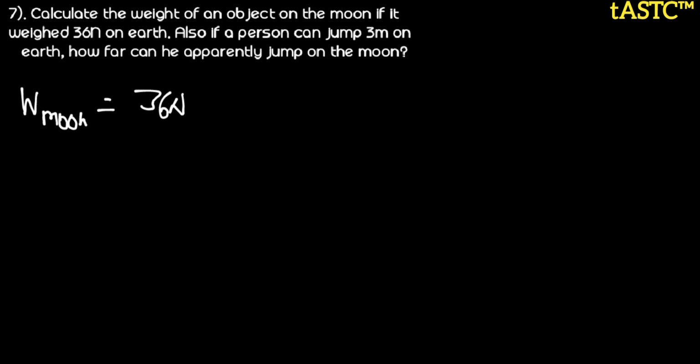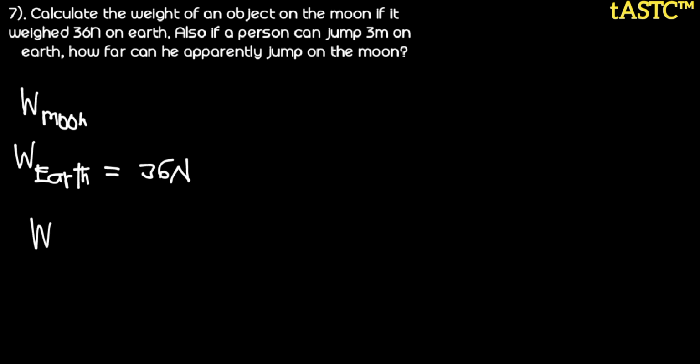Then we need to find what the weight, well, this is actually the weight on the Earth. So I'm going to take this out and I will write the other one. This is the weight on the Earth, and that is 36 newtons. So the formula of the weight of an object on the moon with relationship to its weight on Earth is written this way.